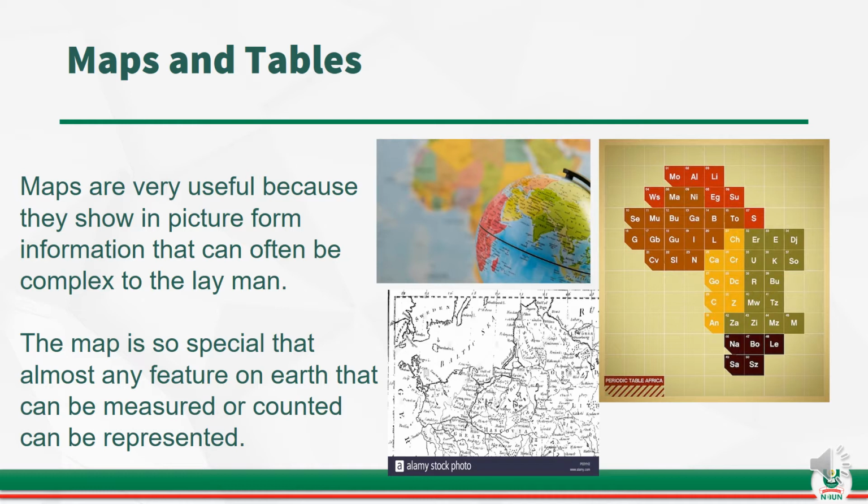So in your face you can see different maps before you, and these maps are very useful because they show important information that can often be complex to the layman. The map is also special in that almost any feature on earth that can be measured or counted is represented.